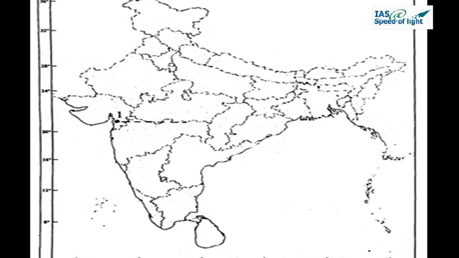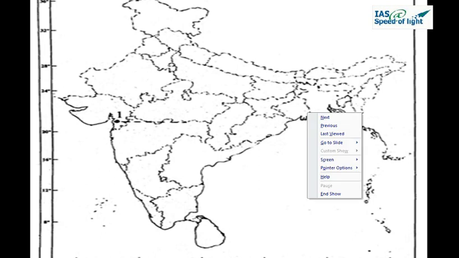Now let's point out these major seaports on the map of India. Here, this is West Bengal, and this is the eastern coast of India. Starting from Kolkata, or the coal, if you remember, which we are giving to the elephant. So this is Kolkata.